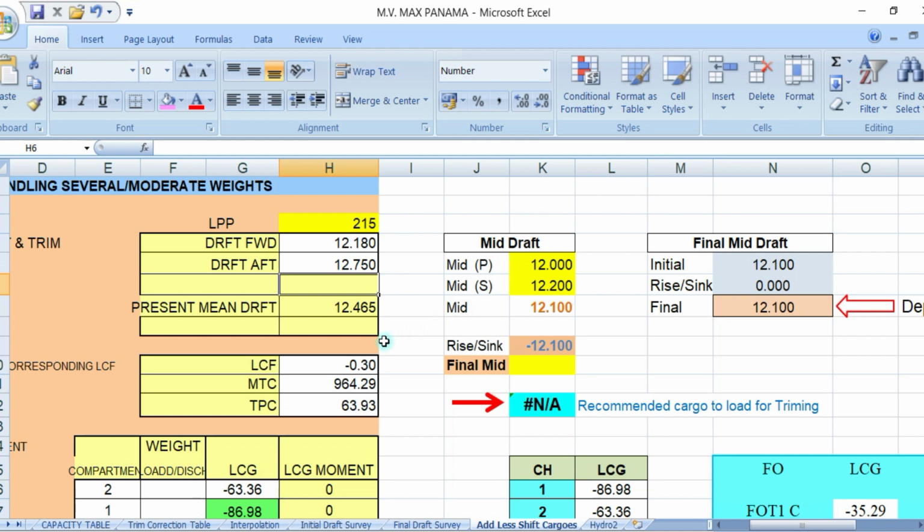For example, upon reading of the midship port, the reading at port is 12.46, and the starboard mid draft will also be 12.46, meaning there's no list, so the mid draft will be 12.46.